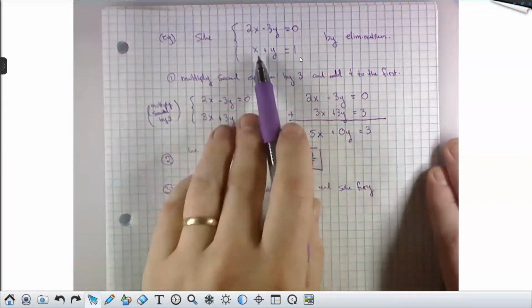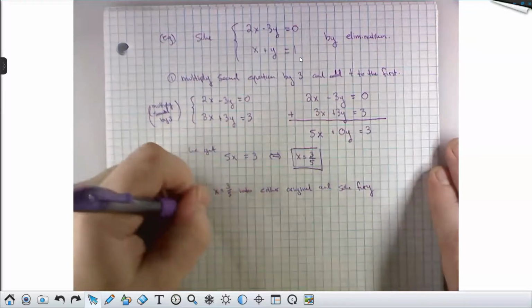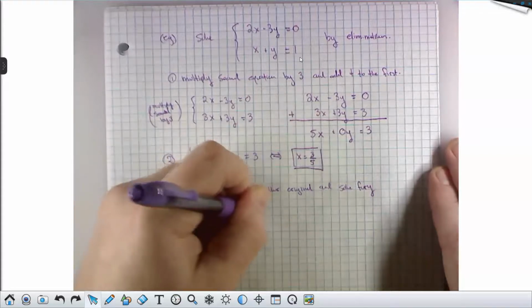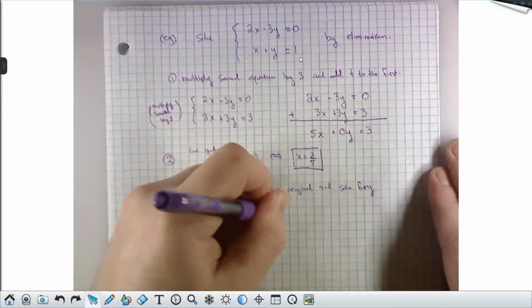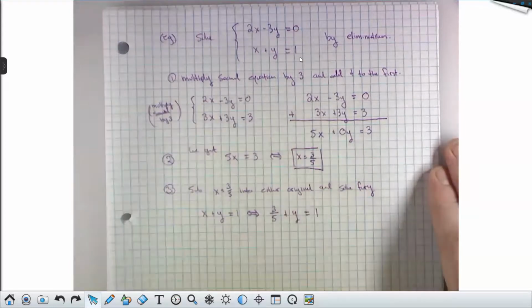So I'll plug it back into the second guy. x plus y equals 1. If I plug in 3/5 for x, it becomes 3 over 5 plus y equals 1.